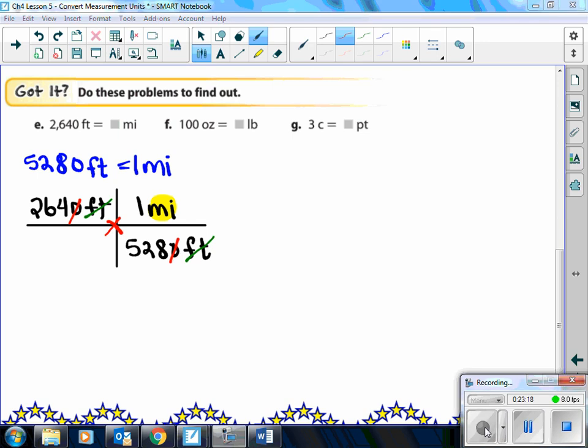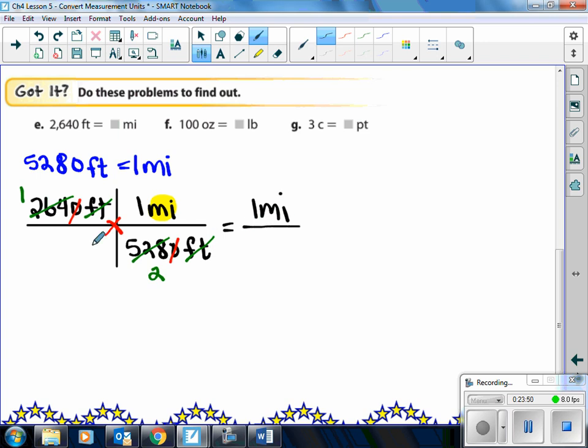Here, we can divide both of those by 264, right? So 264 divided by 264 is 1. And 528 divided by 264 is 2. Very good. So now, when we multiply straight across, we get 1 times 1, which is 1, and my units are miles, right?